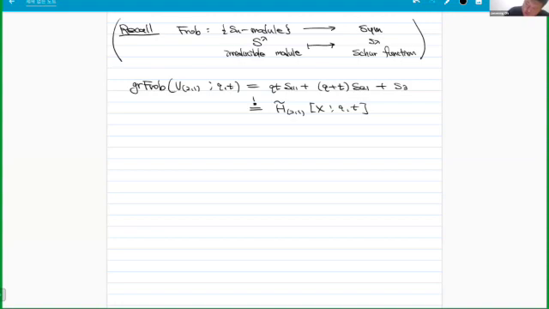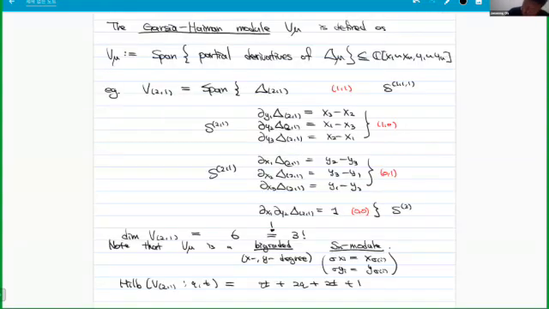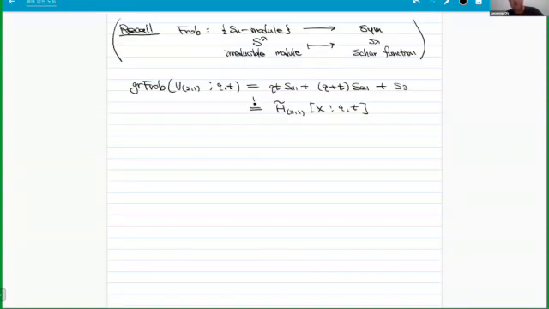And these two equations were observed by Garcia and Haiman and eventually proved by Haiman in 2001.